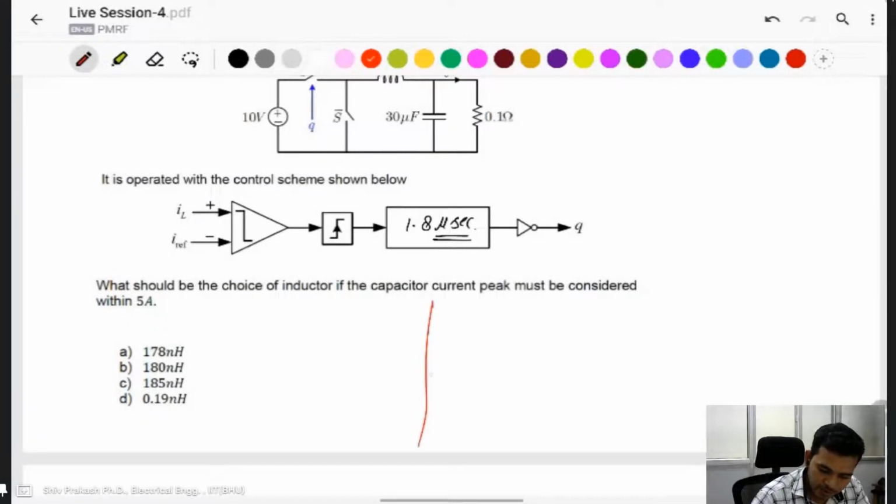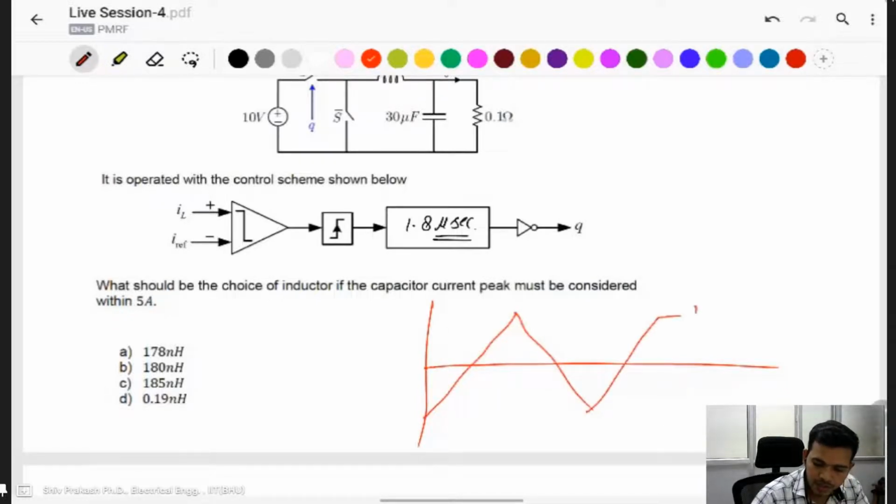And you find the buck converter here. This one is IC, the capacitor current. If you find the same current given in the inductor, it also flows in the inductor, but here the positive and negative are the same.